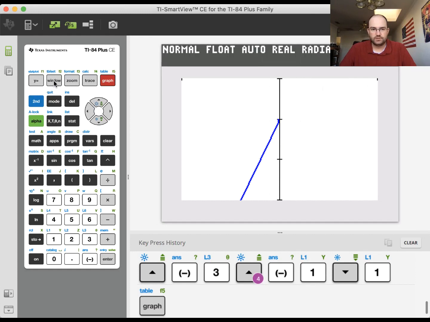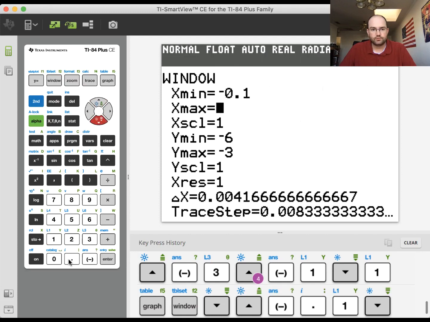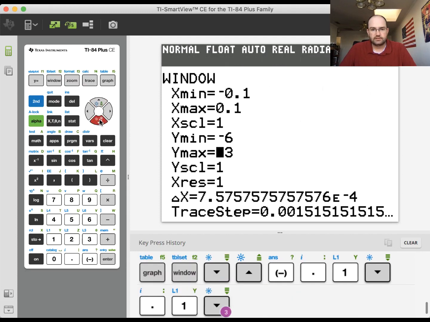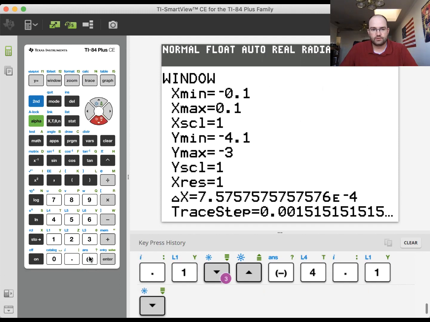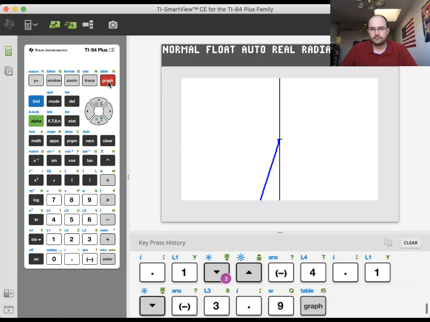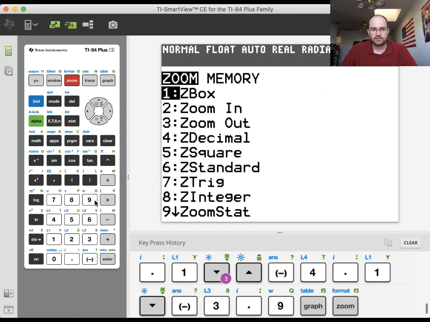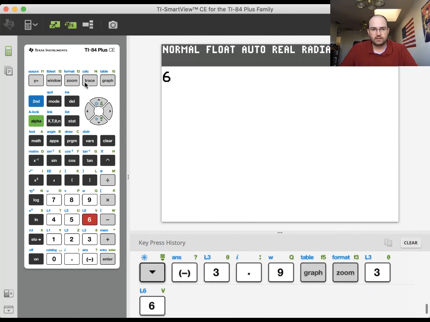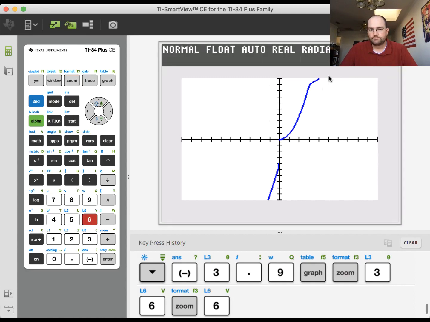I do want to zoom in a little bit. So we'll say -0.1 to 0.1. And it's at 4 that we're looking at. So -4.1 and -3.9. Graph. Yeah, maybe that's just my imagination. Anyway, sorry. Zoom 6. There we go.